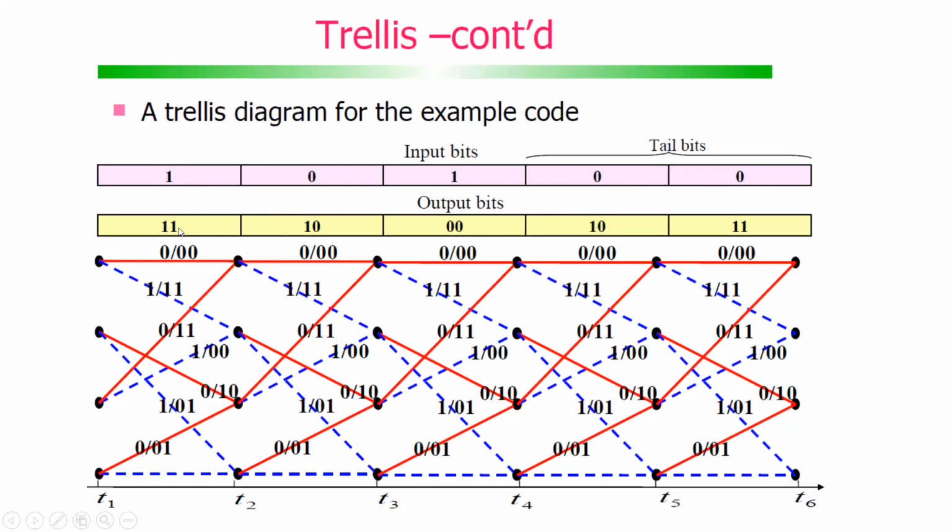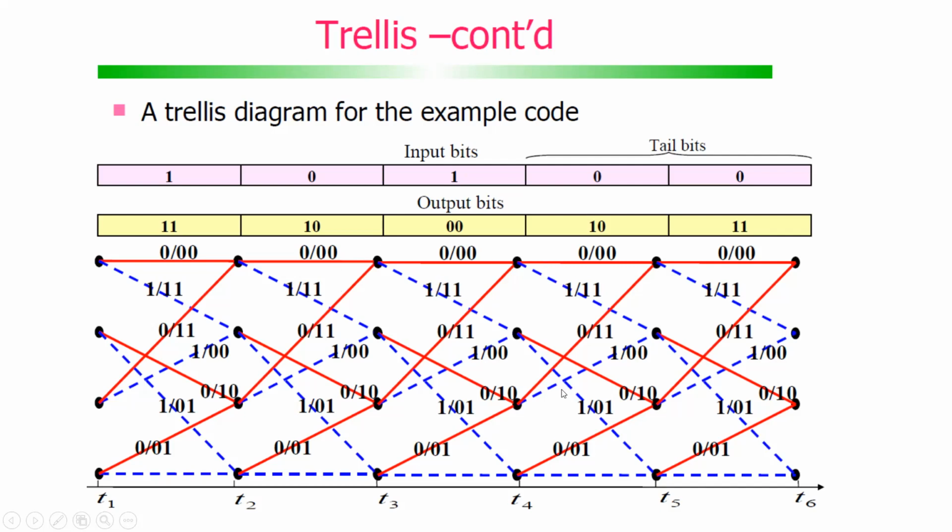The branch words are 11, 10, 00, 10, and 11. So this is my code word for 101. But I have to draw the trellis diagram for all the states. And mind you, the transmitter of course knows the encoder structure. If the encoder structure is known, I can draw this trellis diagram.